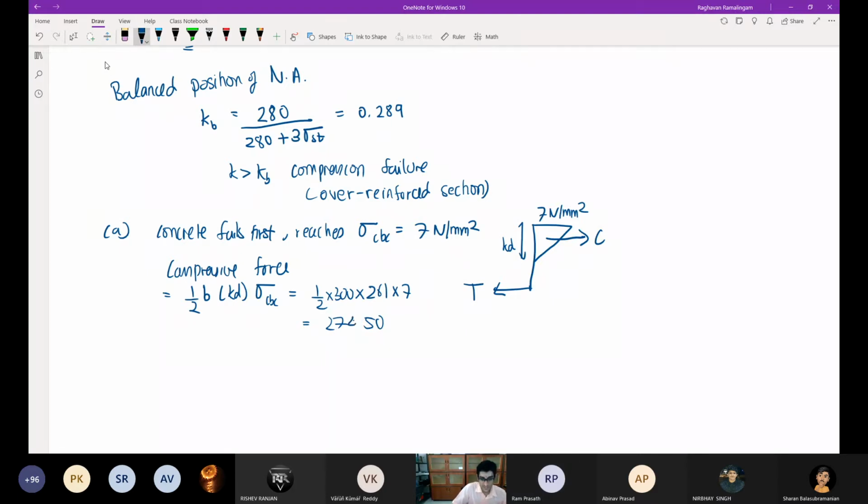Others also get the same. Yes, sir. Okay, or we can just say this is in newtons, or about 274 kilonewtons. But anyway, let's retain it in newtons itself.